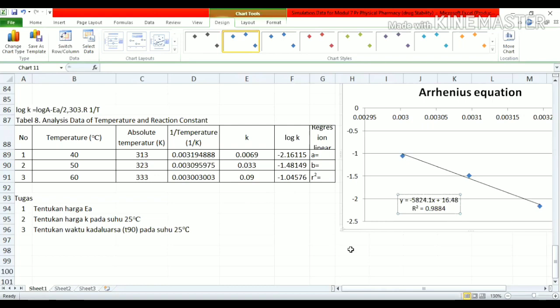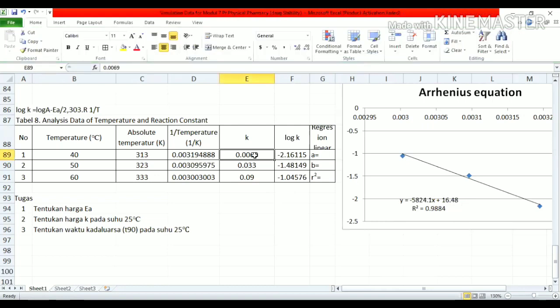So it's minus 5,824.1 multiplied by 1/298. You can make a bracket to make sure, and plus 61 for this.